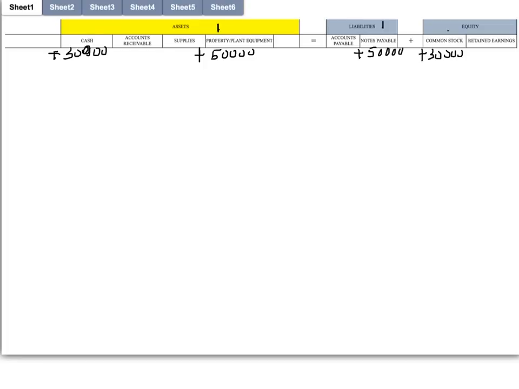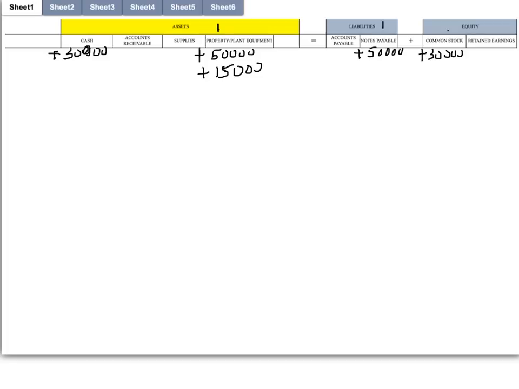Now we purchased a truck for cash, so we're going to add 15,000 to the truck. Now this is one of the examples where we don't do one side, what you do to the one side of the equation you do to the other, with the exception of when you exchange one asset or liability for another.